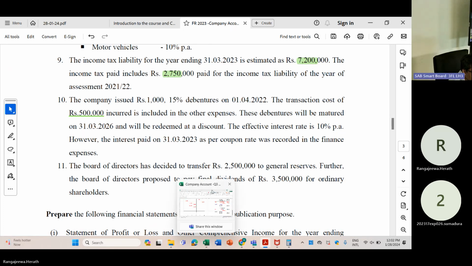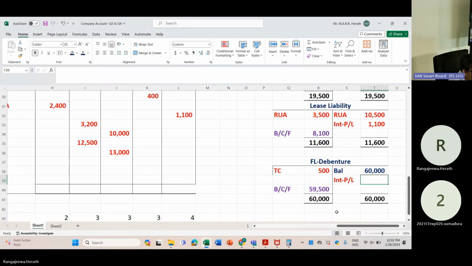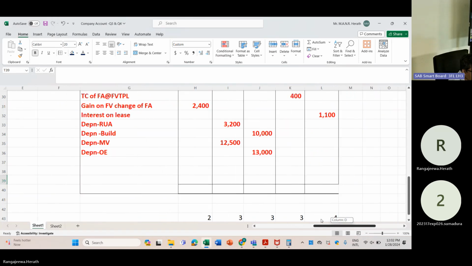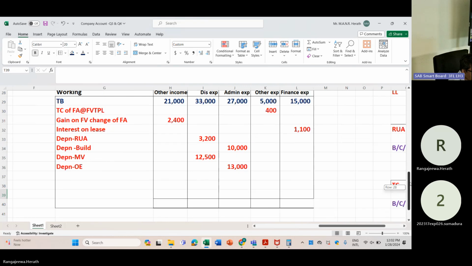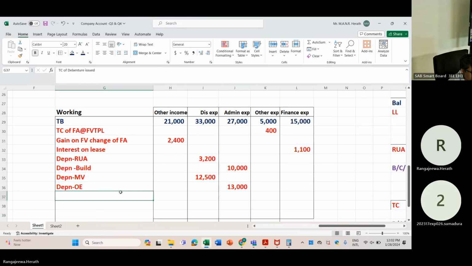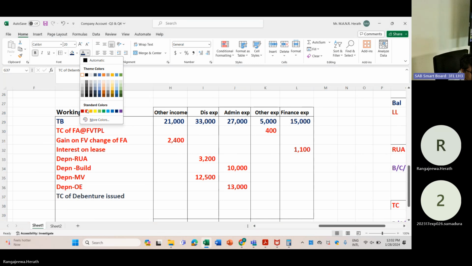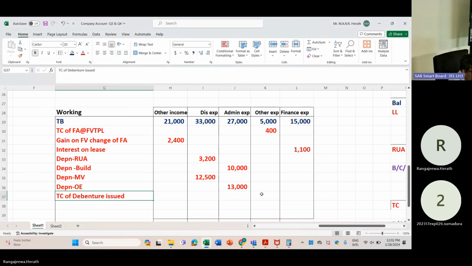That is wrong. So you can remove that transaction cost 500 from other expenses. And මෙතන expense working එකේ transaction cost of debenture 500 other expenses එකෙන් අයින් කරන්න. වැරදියට ඒක ලියලා තියෙනවා. Right?